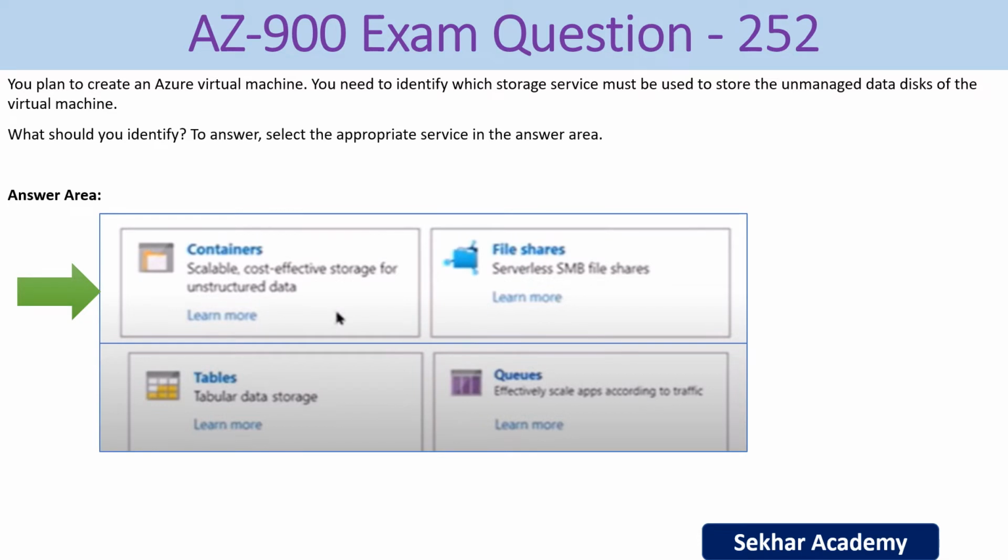Both Azure OS and data disks are implemented as virtual disks where data is durably persisted in the Azure storage platform and then delivered to the virtual machines for maximum performance. Azure disks are persisted in Hyper-V VHD format and stored as a page blob in Azure storage as well. That's why the right answer is containers.